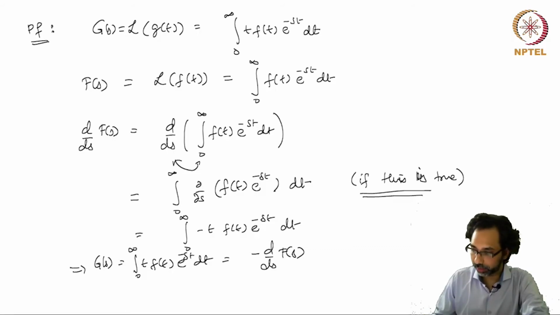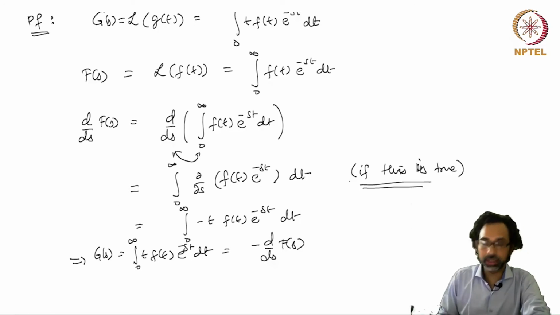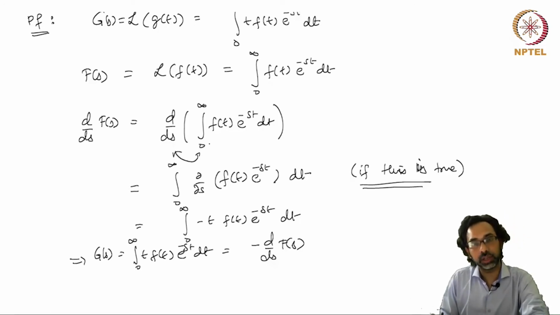In fact, by our standing assumptions on the function f(t), which we have assumed to be piecewise continuous and of exponential order, this interchange of integral and derivative is allowed. But for the moment we will not go into the details.